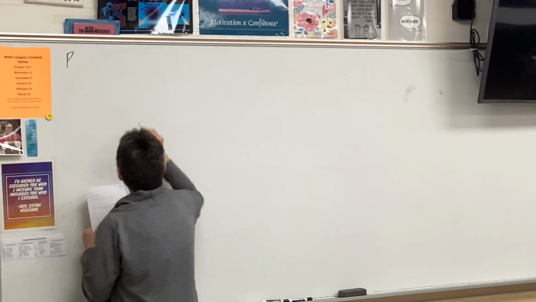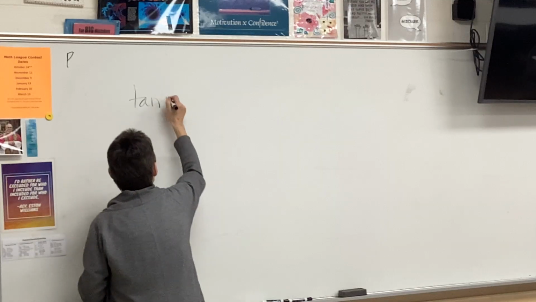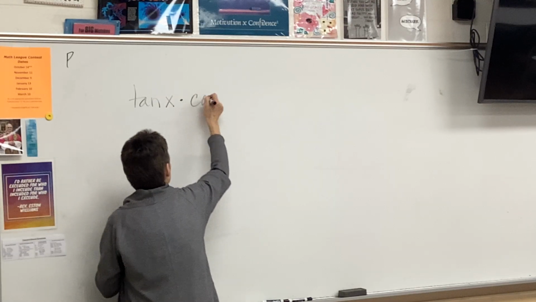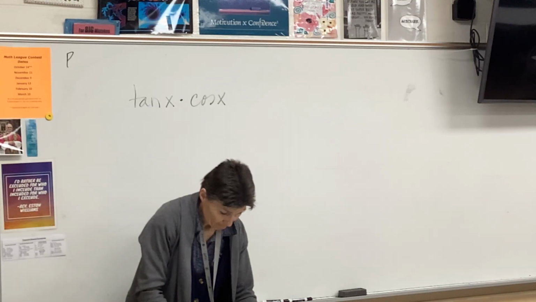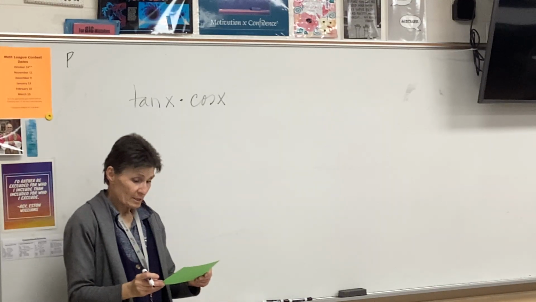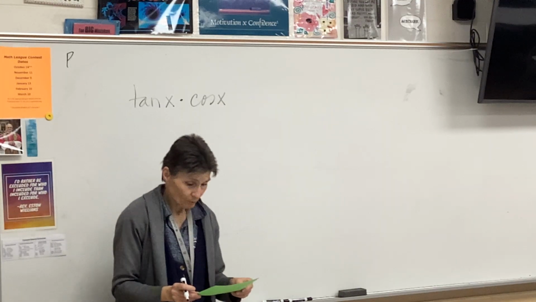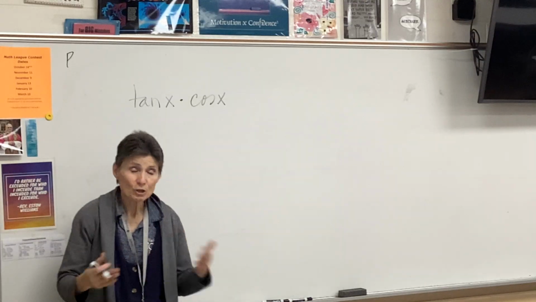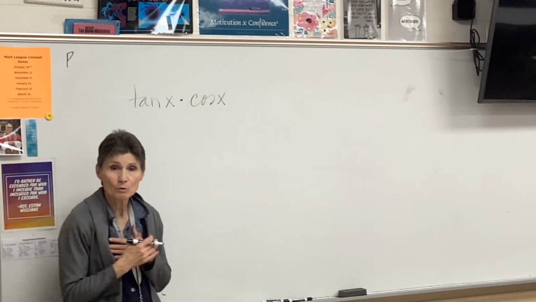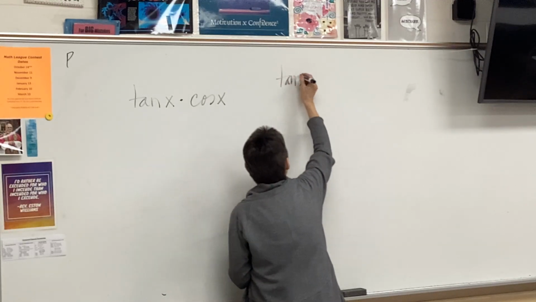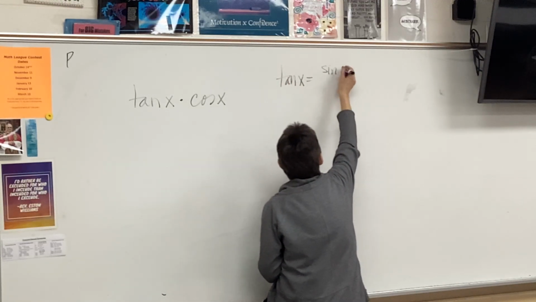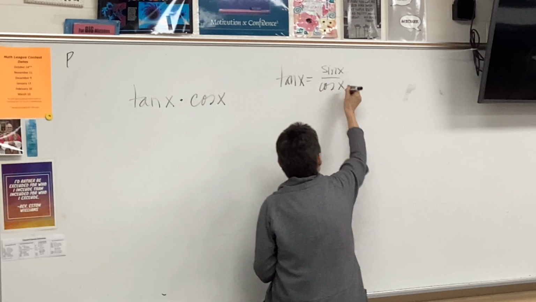Directions say simplify. Tangent times cosine. The first thing I'm going to ask you to add, if you wish, you don't have to add anything to your sheet, is the fact that the tangent is the sine over the cosine.